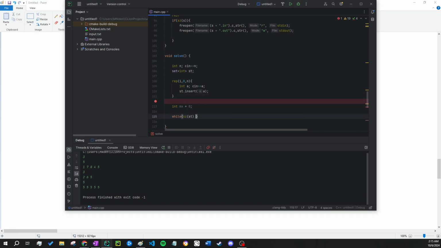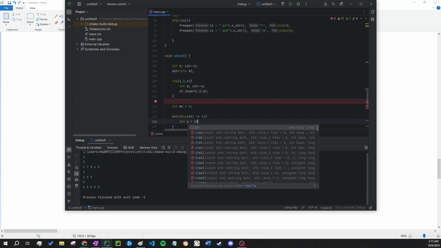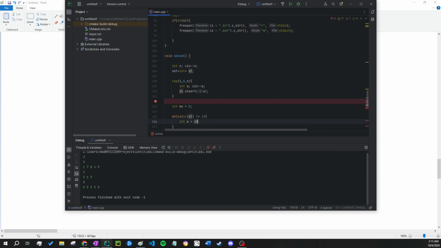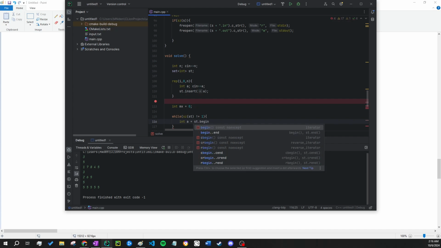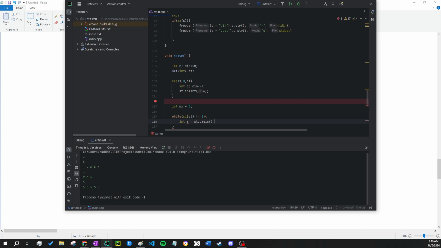Actually, no, I see. This is a pointer. Now, let's dereference it.